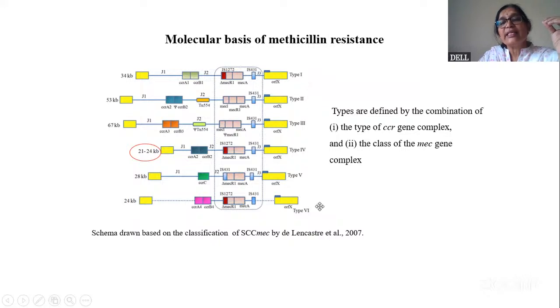There are about 6 types of SCCmec. We will have to find out what type of SCCmec is possessed by the Staphylococcus aureus in order to understand the epidemiology and the spread of the disease.